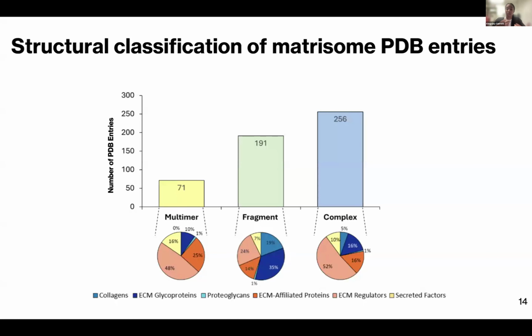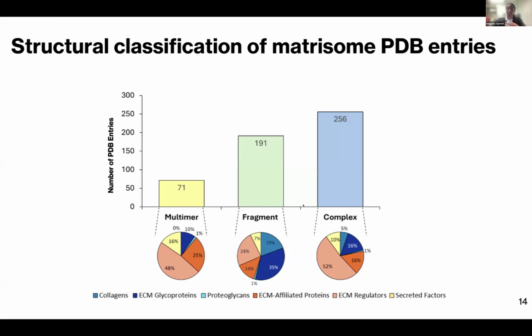For fragment, it was about 36% of our data, and complexes being 50% of our data. When we distributed it into the matrisome categories, we saw that fragment had a larger portion contained in the core matrisome, while complexes and multimers were still more abundant in the matrisome associated.